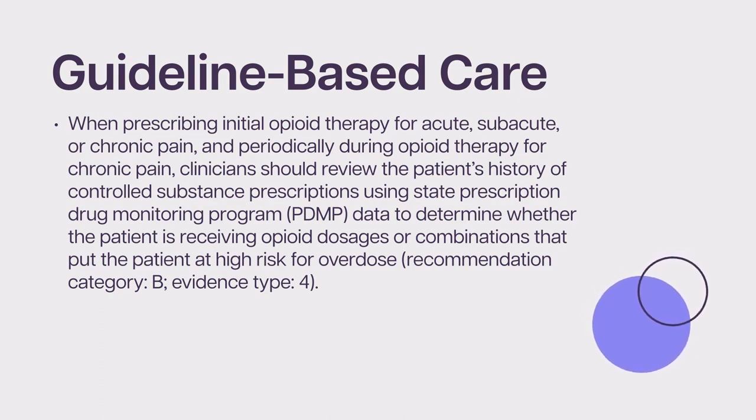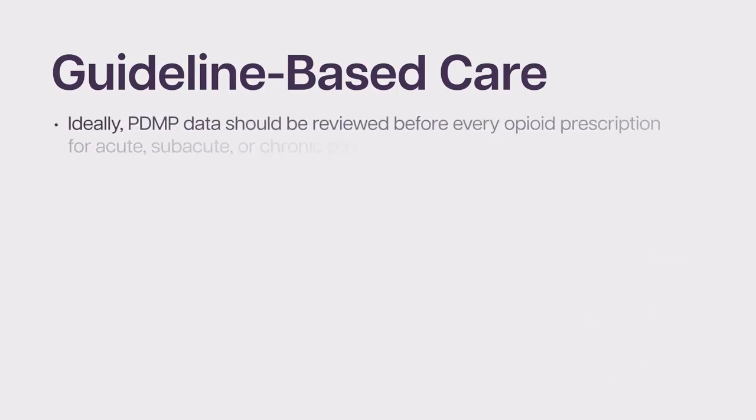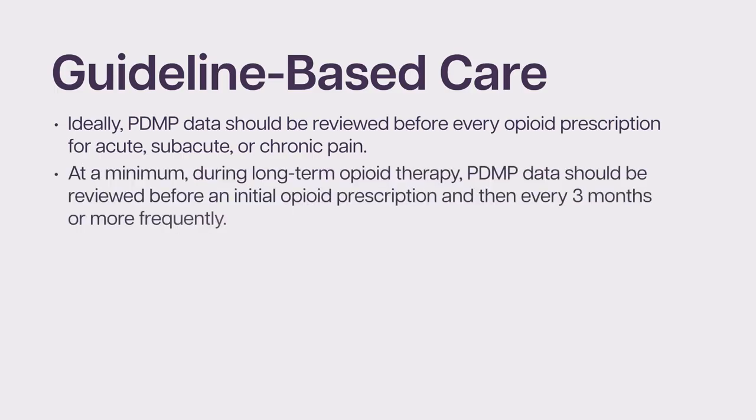Ideally, at every visit, the patient's medication list will be reconciled in the EHR, and there'll be a quick check of the prescription drug monitoring program. Now, in a busy practice, it may not be practical to check the PDMP on every single visit, but at a minimum, for patients on longer-term opioid prescriptions, it should be checked every 3 months. And again, it certainly should be checked at the first prescription of opioids.